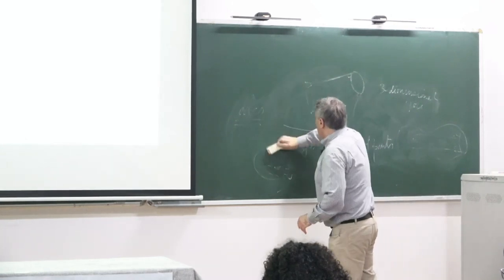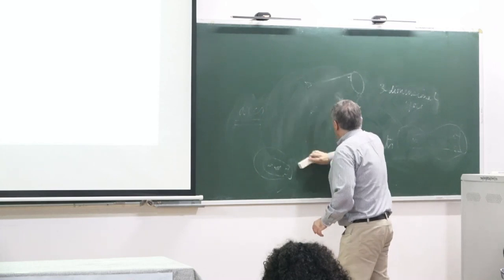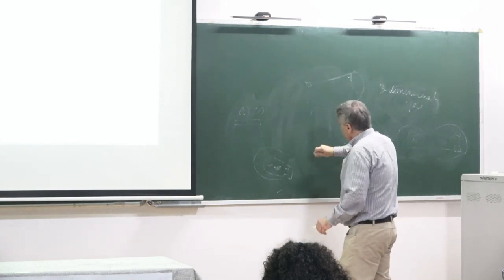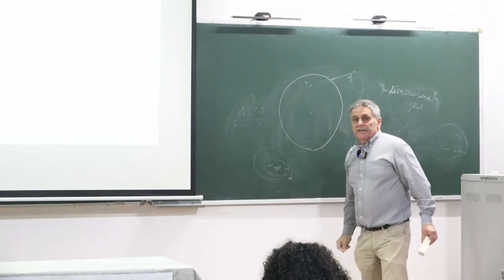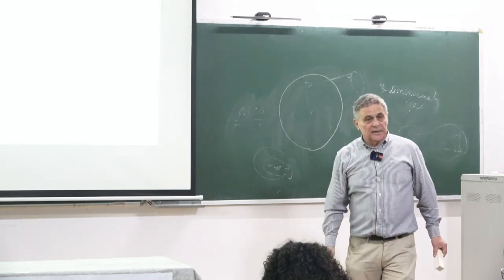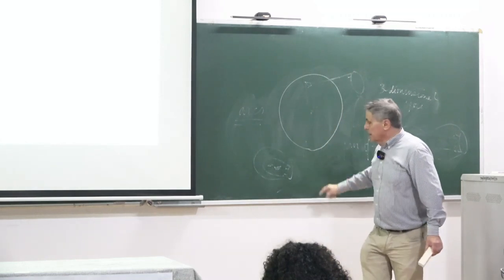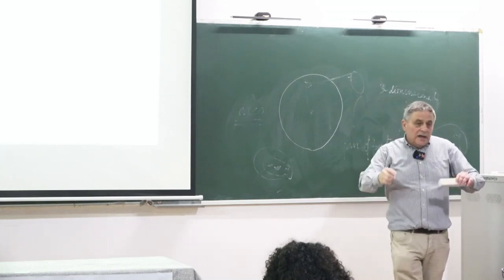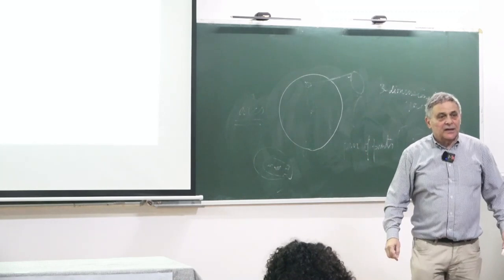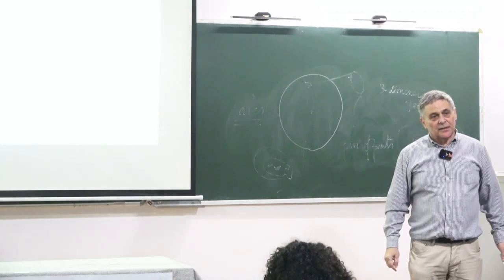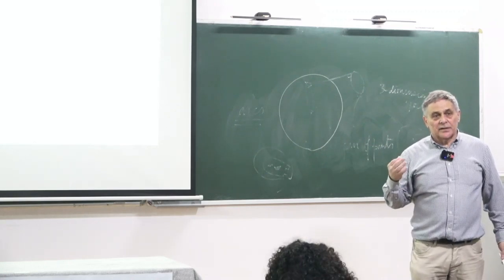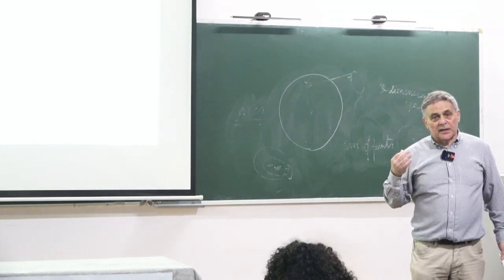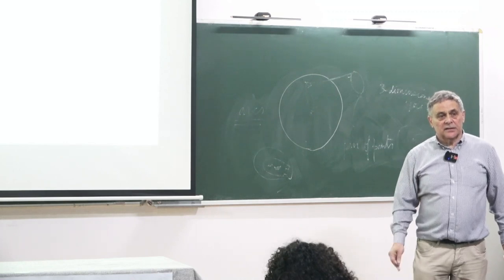Why complicate? Let's take a disk in the plane. This is my surface, and I have millions of ways of defining a Finsler structure. I explained to you that a Finsler structure is just you are given a field of convex sets, right?